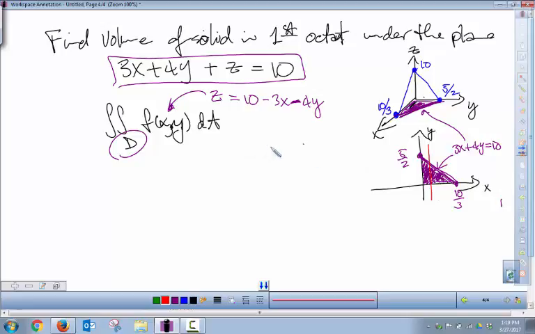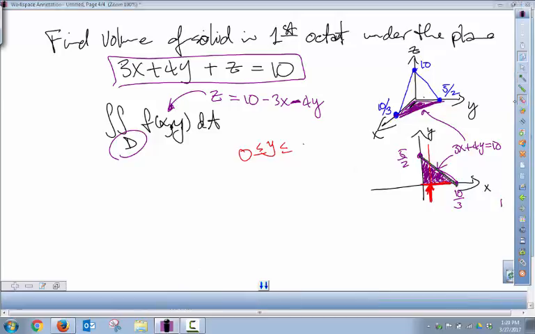So you decide that you're going to integrate with respect to y first. You've got to ask yourself, I'm going to have a couple of equations, y is equal to something and y is equal to something else. I need to figure out when I'm going to enter my region. Y is equal to what? Y is equal to 0. I will enter my region when y is equal to 0. And then I will be inside of my region until at some point I'm going to exit my region.